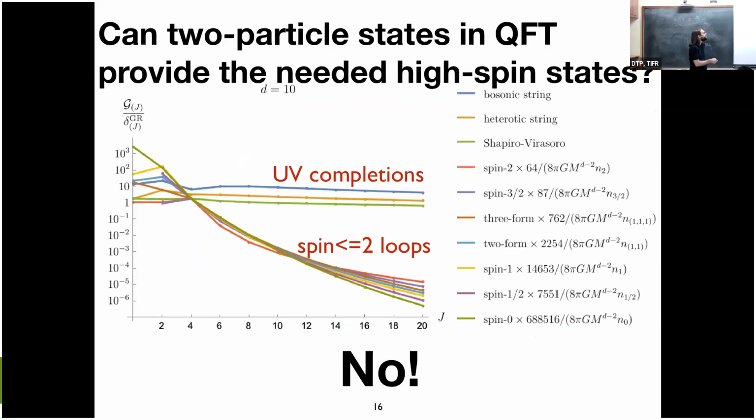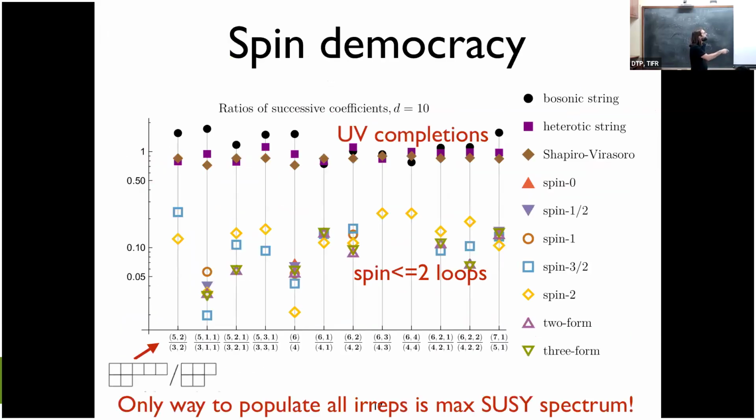It's very easy to see why having a flat curve here, where all representations are saturated, is nice for crossing symmetry, because when you sum projectors of all representations equally, you have the identity operator, and the identity operator is crossing symmetric. It's the same in all channels. But if you project into some representation in one channel, then it's a different projector in the other channels. So the only thing that might really be in tension with crossing symmetry in the UV is if you don't have this.